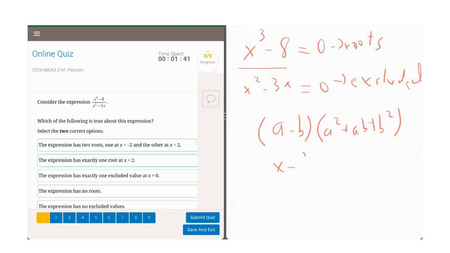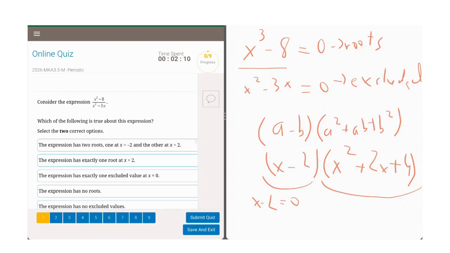So x minus 2 into x squared plus 2x, 2 times x is 2x, plus 4, 2 squared is 4. So you have to find the root, which one each makes 0. So x minus 2 has to equal 0. So we move 2 to the other side, we get x equals 2. So that would be one of the values of x to make it a root.